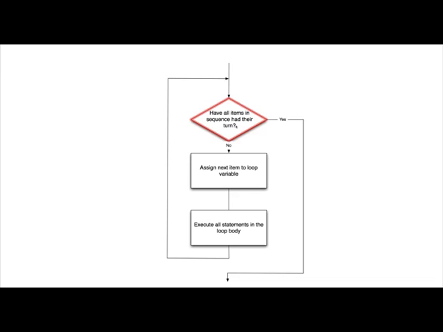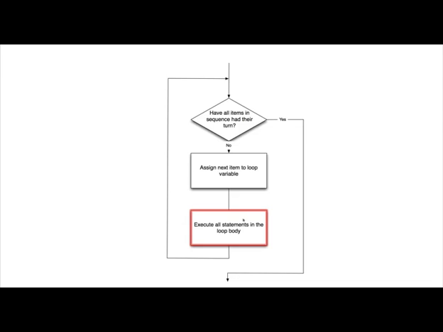If they have not all had their turn, then we follow the branch that says no, and we go to this box where we assign the next item in the sequence to our loop variable. Once we've assigned that loop variable, then we execute all the statements in the loop body.